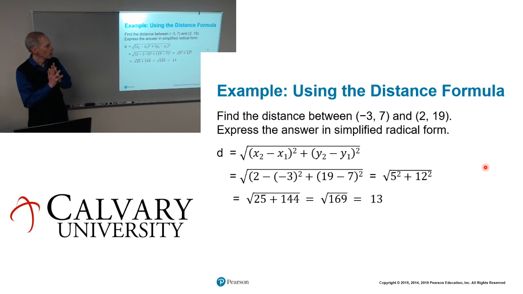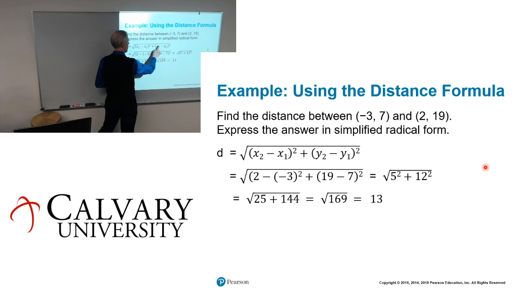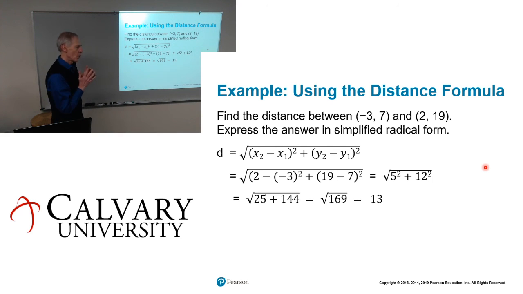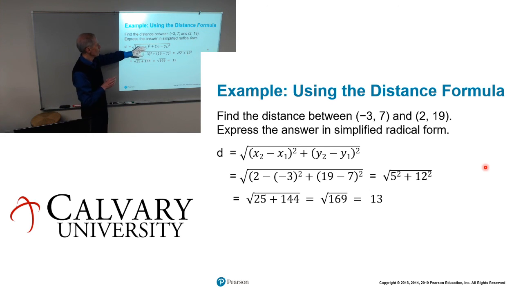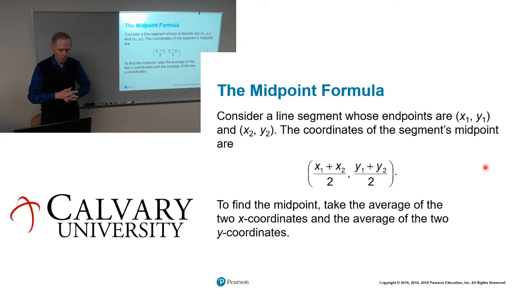All right, now please keep in mind this idea when you're finding distance, you find the difference or subtract those coordinates. And so I know people are occasionally confused about this distance formula in contrast to the next one, which is the midpoint formula.